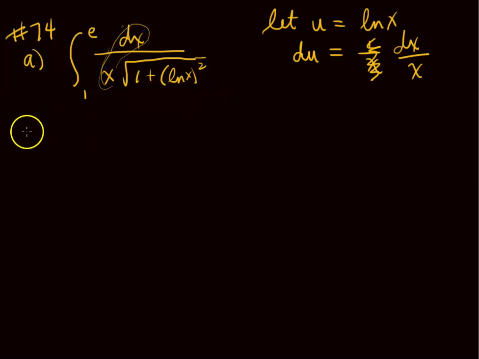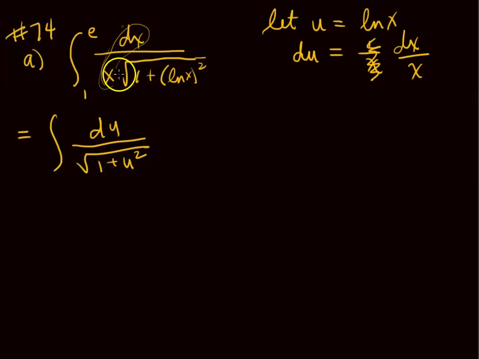Okay, so this becomes the du over just the square root of 1 plus u squared. Now, this was making me think that it was one of those sech or csch, but it's not. Because of this substitution, it breaks it back down into just a sinh inverse.